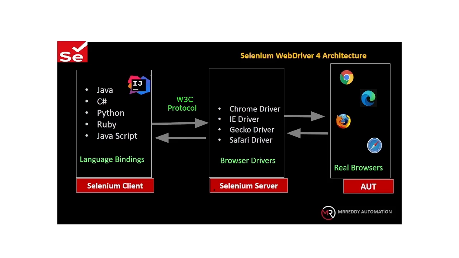Rather, what will happen is language bindings will send code instructions to the respective browser drivers through the W3C protocol. This is important. If it is Chrome related code, it will be sent to Chrome driver. Edge related code, it will be sent to Edge driver. If it is Firefox related code, then it will be sent to Gecko driver. If it is Safari related code, it will be sent to Safari driver.